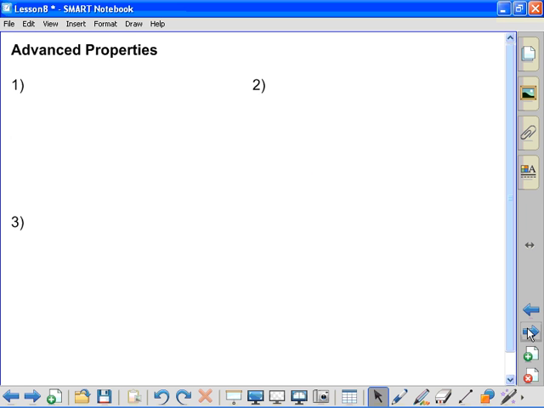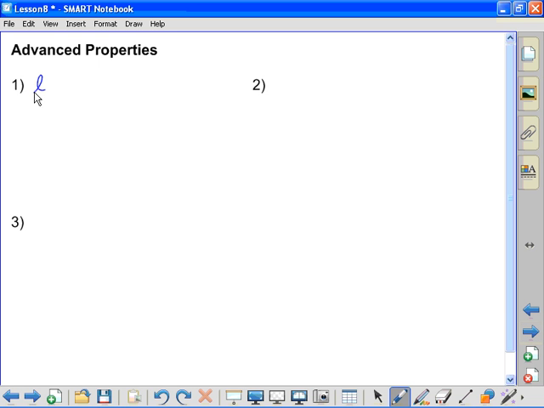Okay, advanced properties allow us to do a couple more steps. I'm going to do maybe one proof here to show you where it comes from. I'll pick and choose anyway.